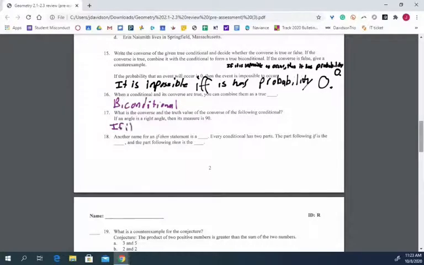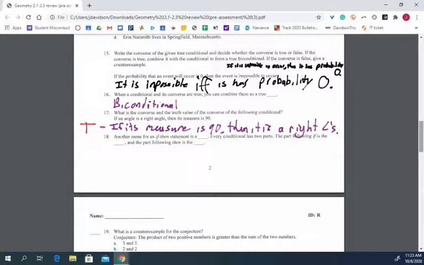If its measure is 90, then it is a right angle. True or false? True.